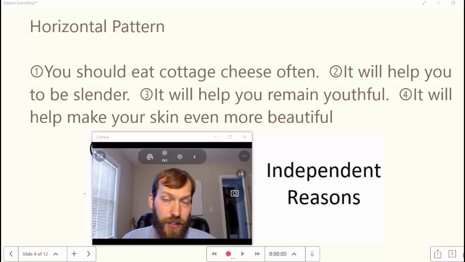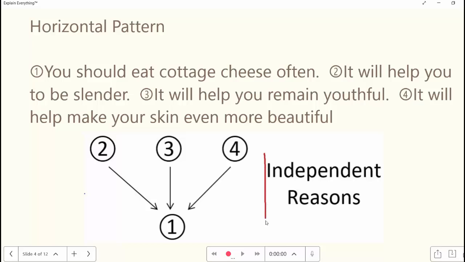The fact that it would make your skin even more beautiful would all by itself be evidence that you ought to eat cottage cheese often. So what you should be noting is that each of those reasons offers independent evidence, independent in the sense that they don't require the help of the information of the other statements to get you to the conclusion, to 1.